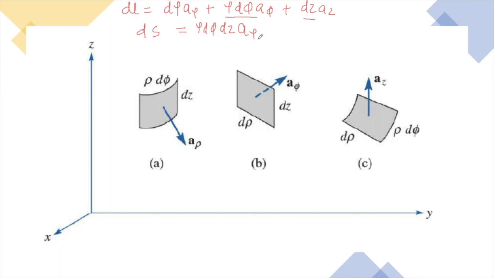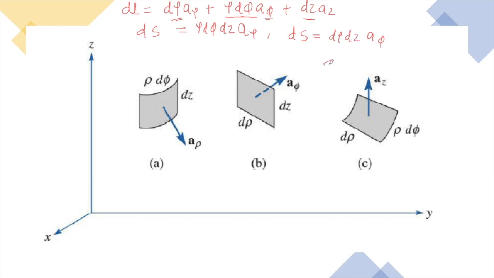This is what ds will be. This is how we remember things. Similarly, if we want ds which has a normal vector of a phi, suppose, we will leave this component, and we will take the other two into consideration. So what will be the surface ds here? It will be d rho dz.